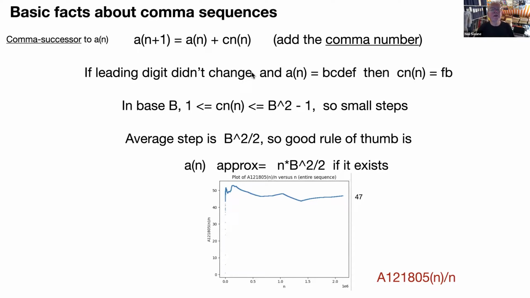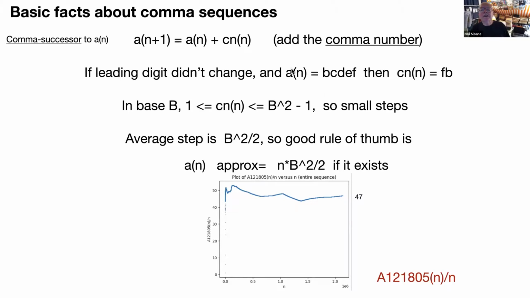Now, a very important observation is that if the leading digit doesn't change when we go from a of n to a of n plus 1, if they have the same leading digit, then you can say precisely what the comma number is.